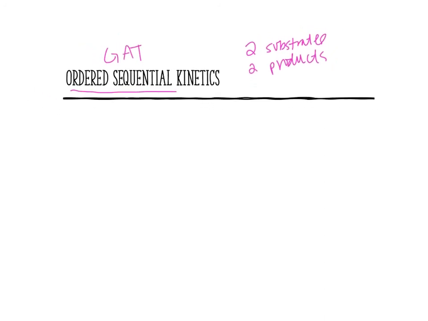This is the way that it looks doing that line diagram, and then I'll do the Lineweaver-Burk, and then we'll wrap this up. All right, so you start with your enzyme, and then the first thing that happens in ordered sequential is substrate 1 binds, and you get the enzyme with substrate 1 bound, and then substrate 2 binds.